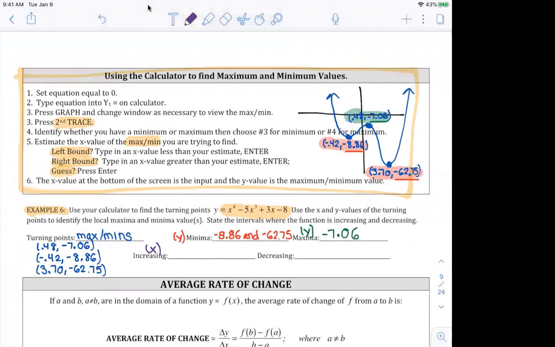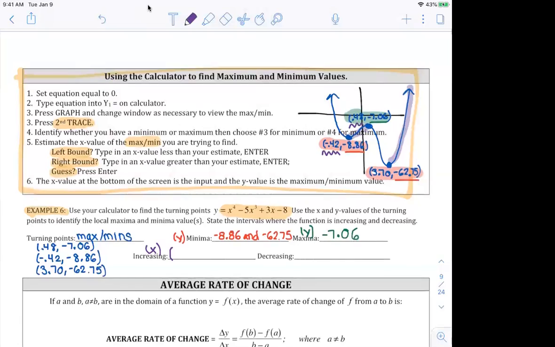So when is this function increasing? From left to right, when is it going up? There's 2 spots where it's going up here, okay? And that's going to be here and here. Both parts of those graphs are going up from left to right. So now we have to list those in X terms. From negative 0.42 to 0.48.